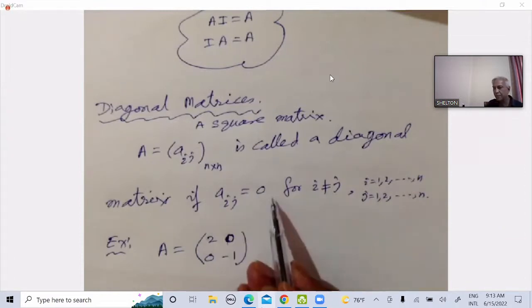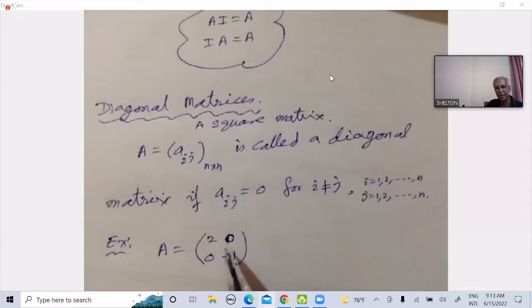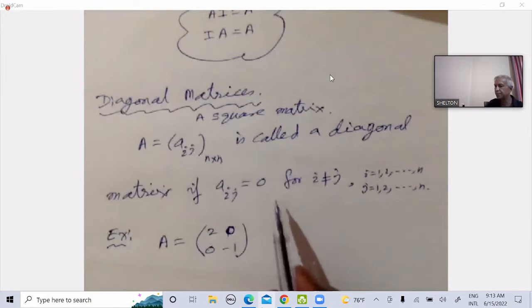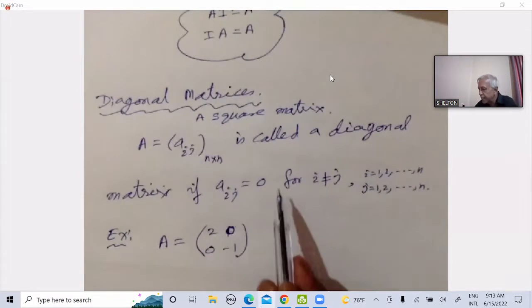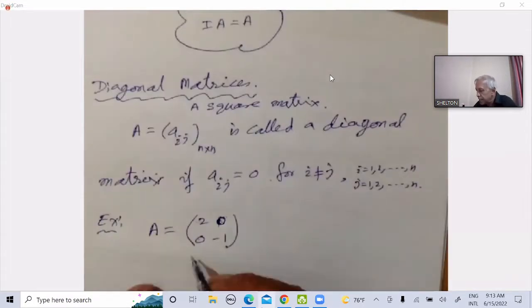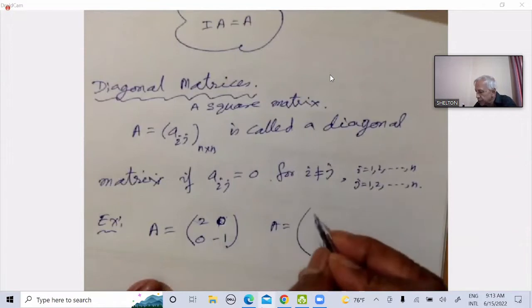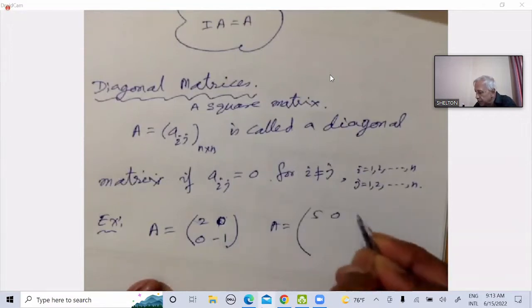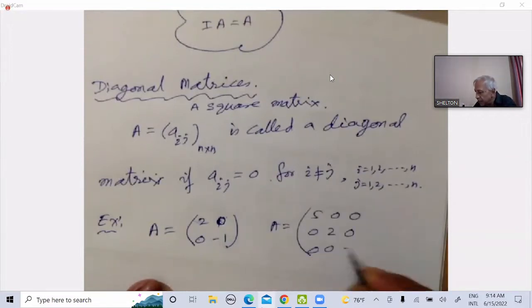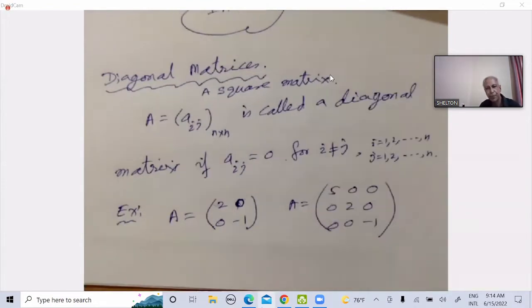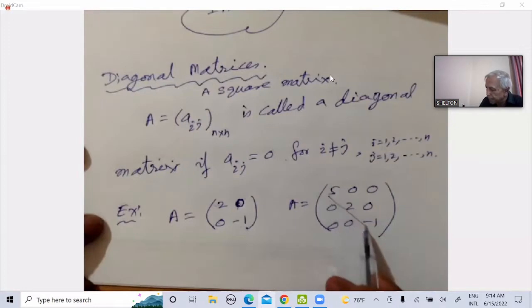We are saying off-diagonal entries must be 0. If an entry is not on the diagonal, it should be 0. So this is a diagonal matrix. A equals 5 0 0, 0 2 0, 0 0 minus 1. This is also an example of a diagonal matrix. See, off diagonal.